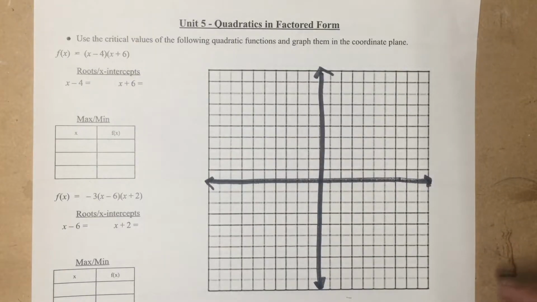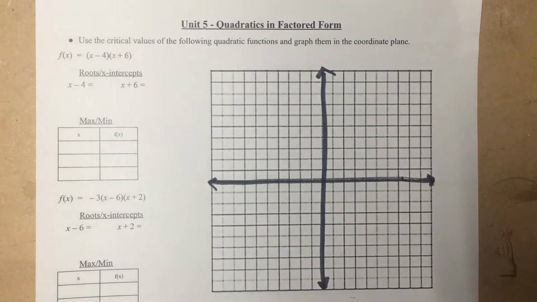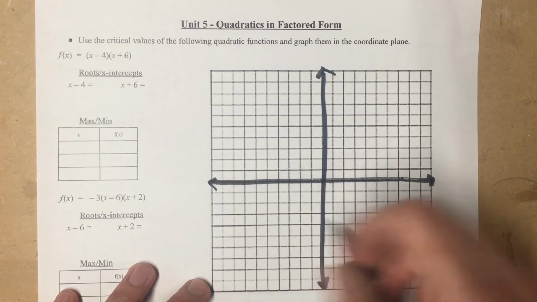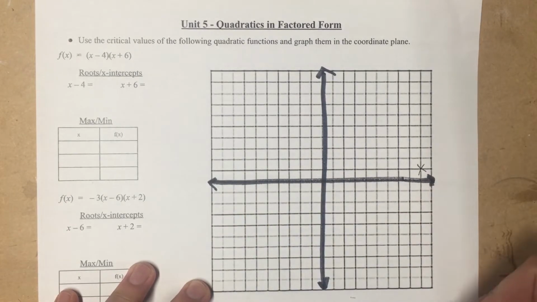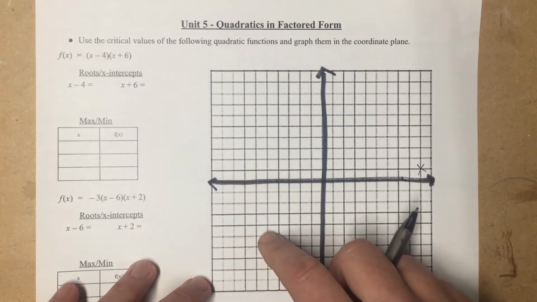All right, so let's take a look at two problems of a quadratic function in factored form and how we're going to find the critical values to help us graph it. The critical values are going to be our x-intercepts, so where these parabolas intersect our x-axis, and also the maximum or minimum value.